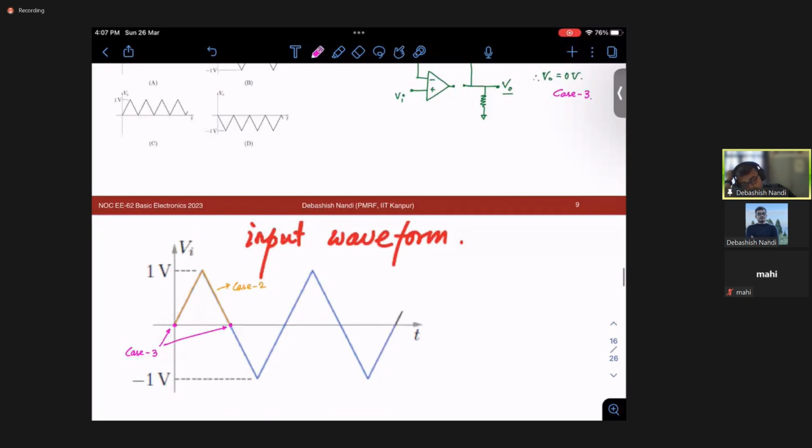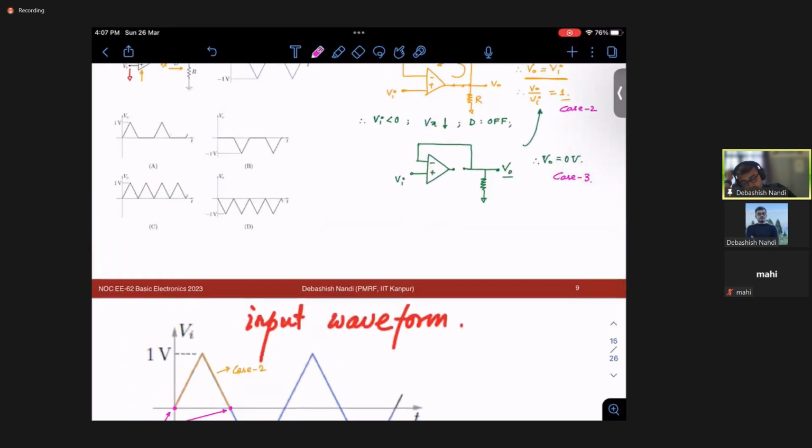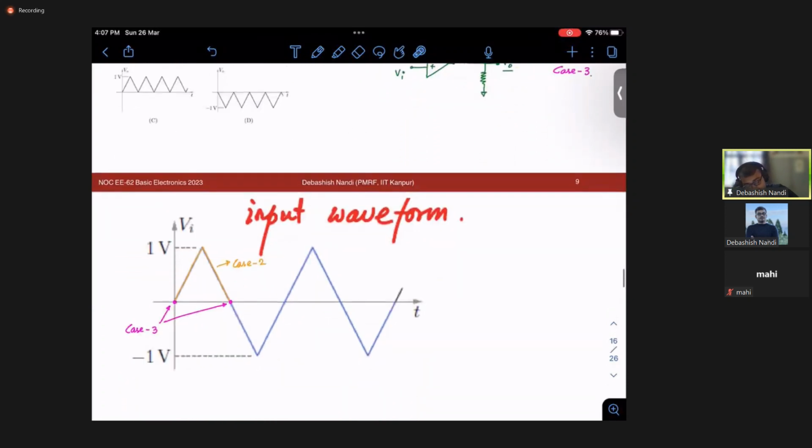So when this condition starts to play, what will happen? The output will hold this value. And what is this value? What was set at case 3, and that is V naught equal to 0.